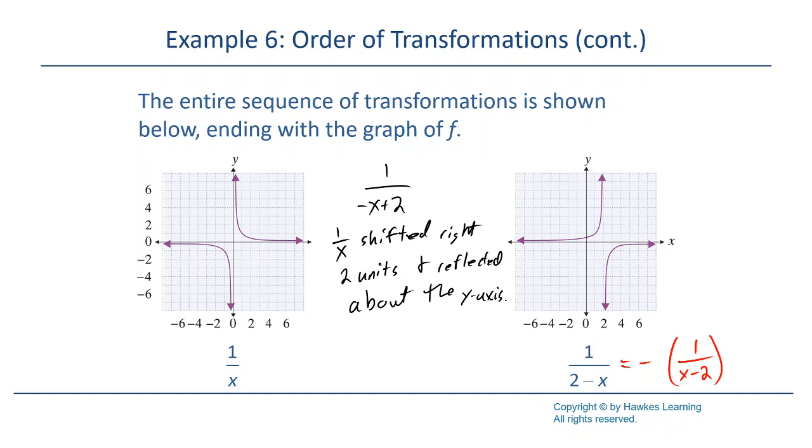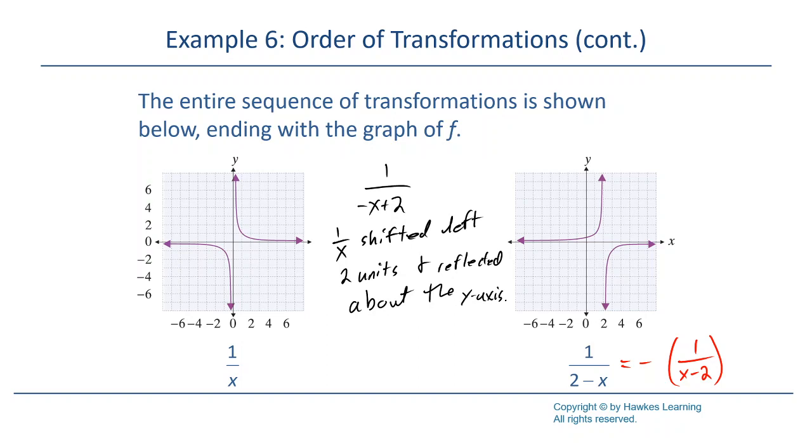Like with this one, the way I wrote in the middle is another way you may have looked at it originally: it looks like it's shifted 2 units to the right, and then it's reflected about the y-axis. Versus the way I showed, it's shifted 2 units left. Let me correct: shifted left 2 units and reflected about the y-axis.